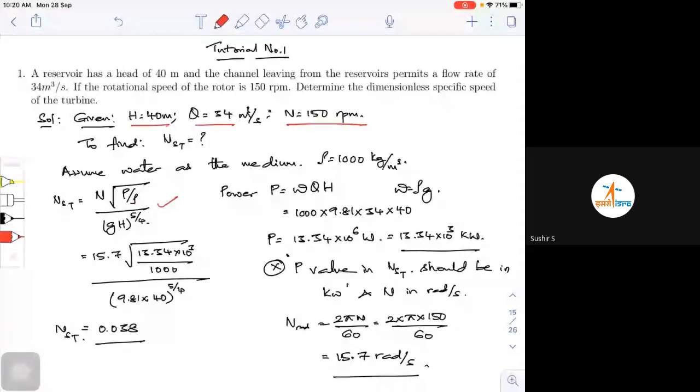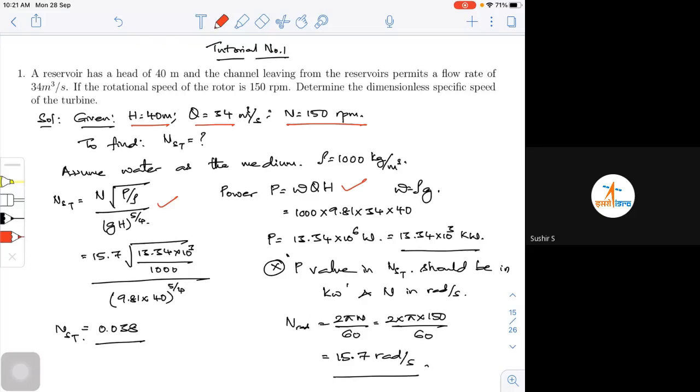See, the head available is given as 40 meters. They are given the discharge flowing, multiplied by your specific weight. So whenever I'm trying to calculate the specific speed with respect to power producing machines or turbines, I should ensure that I put the power.